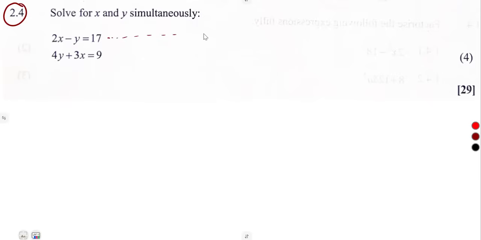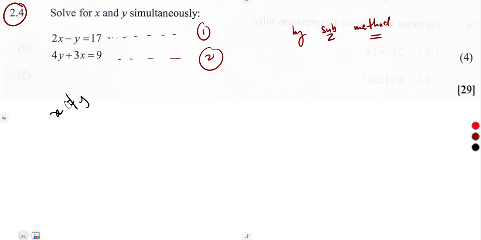I have got two equations, equation 1, equation 2. So by using the substitution method, I can play around with one of these equations, make x or y the subject from any one of the equations. As for me, I'm just going to choose the first equation. It's easier for me to make y the subject there because I simply need to take y this side.